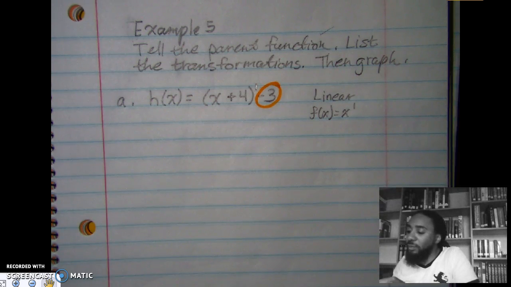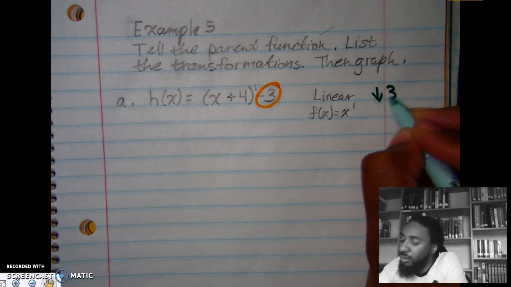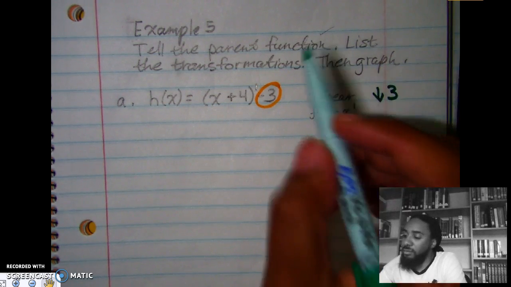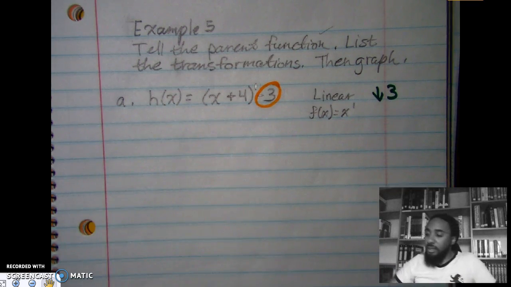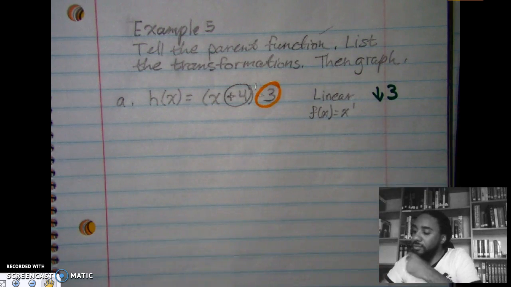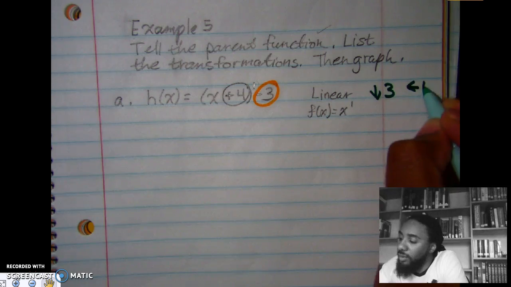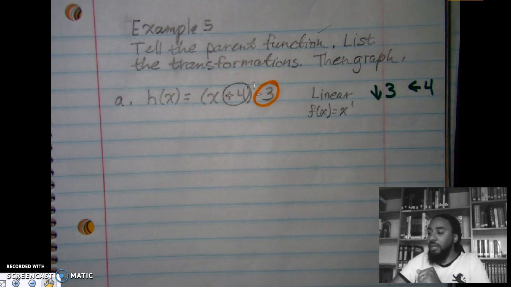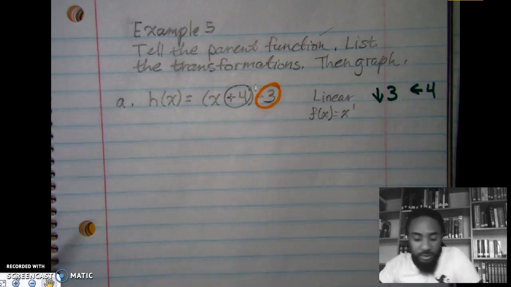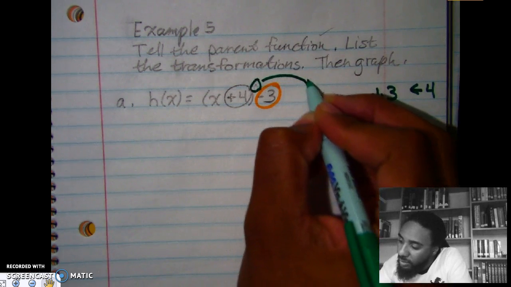And it should tell you that we're going up or down. And so that means we're going to go down 3. And then the other one here, that positive 4 right there, that tells you that we're going to go to the left 4. And here that one, and let me do this in green. This one here tells you what function we're dealing with. That's your linear function.